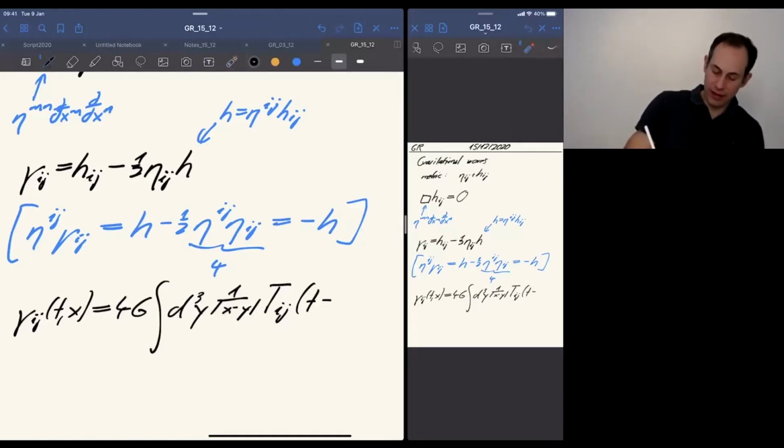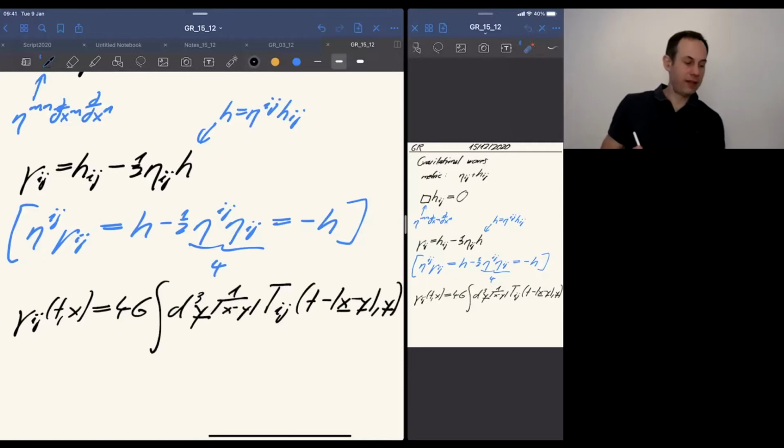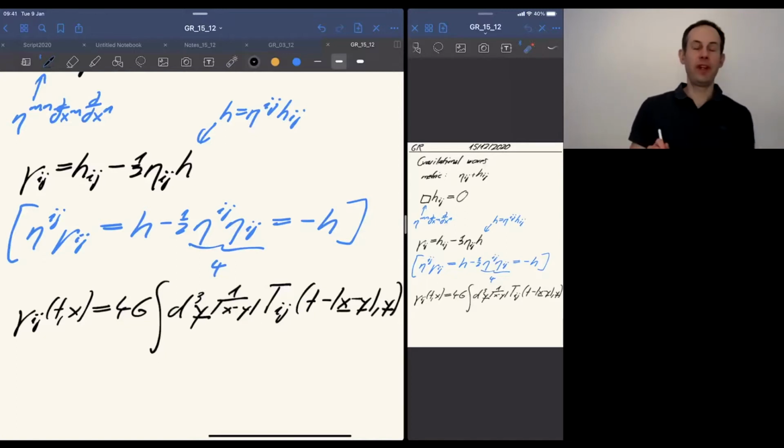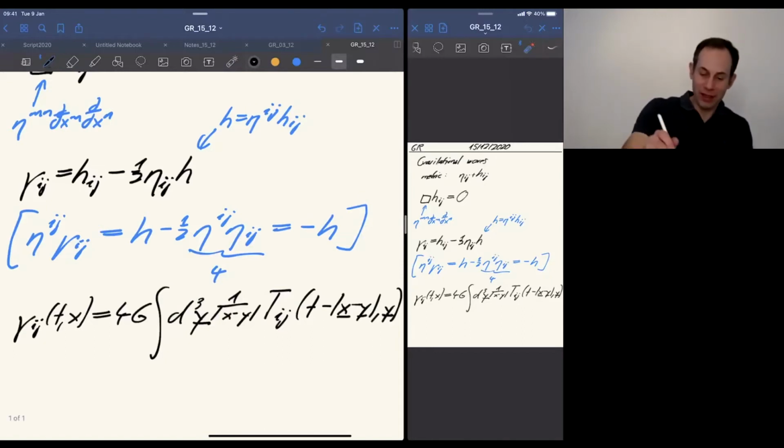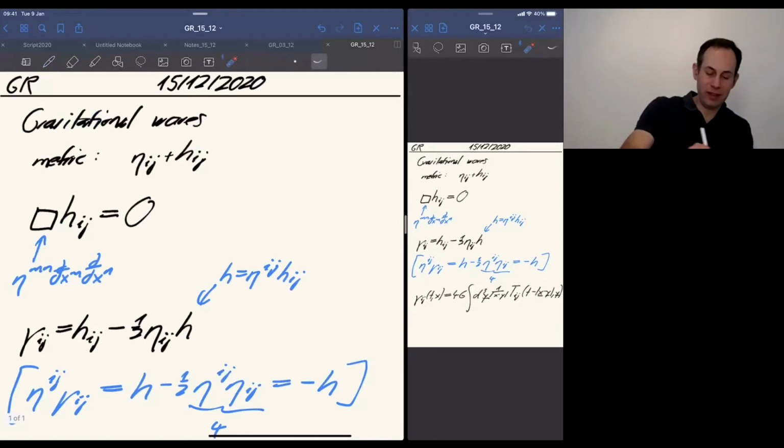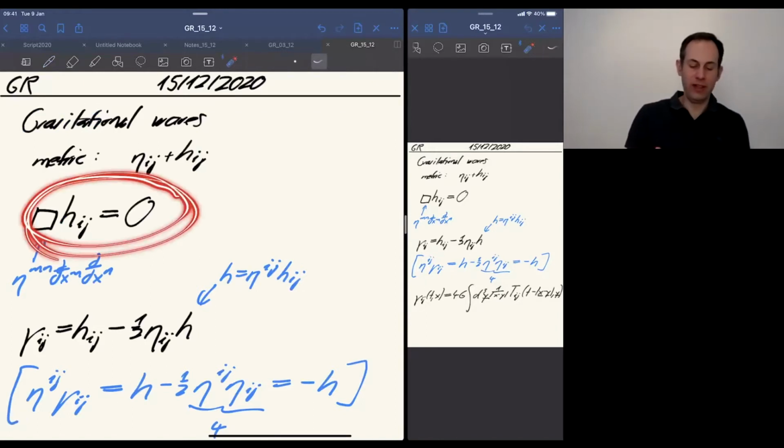T minus x minus y, these are understood as the 3-vectors, and then comma y. Right, this is also the 3-vector. That's the expression. And this expression looks very similar to expressions you should have seen in electrodynamics, which is not a surprise, because all I'm saying is that we try to solve this equation here in the far field limit.